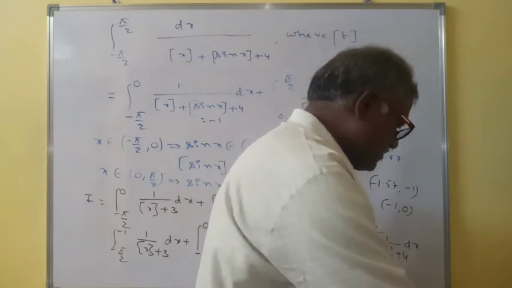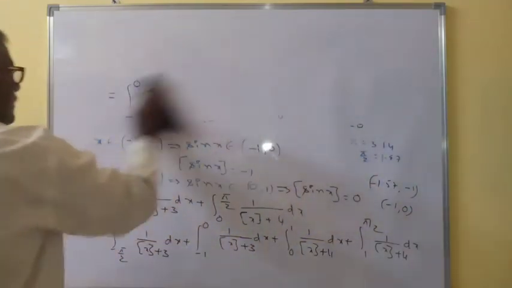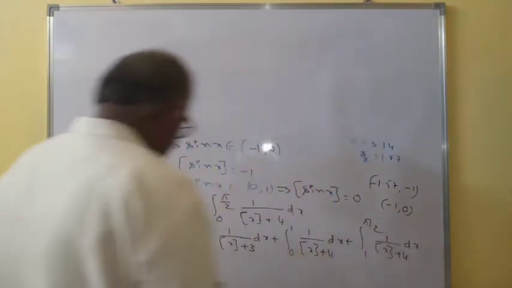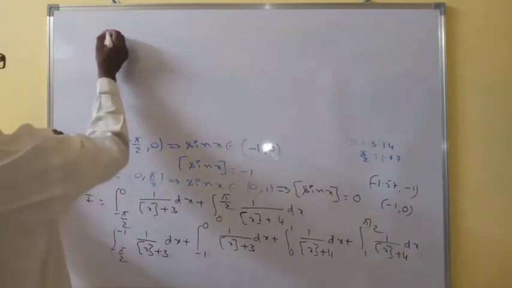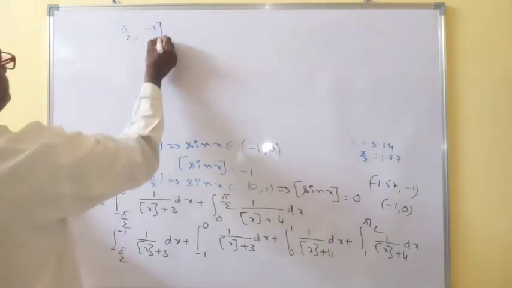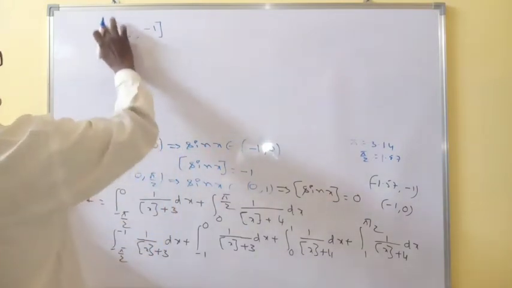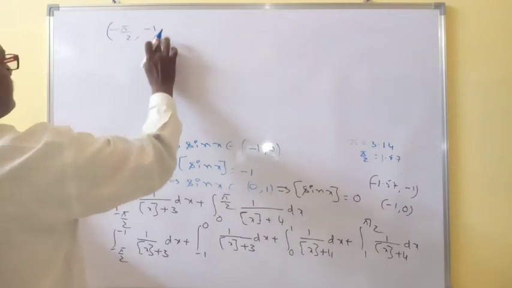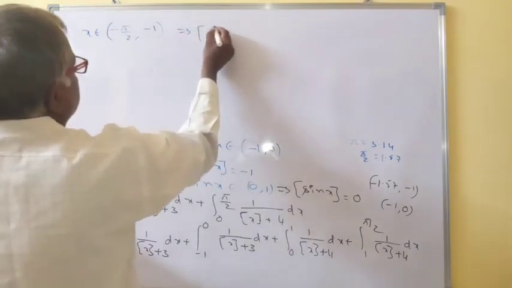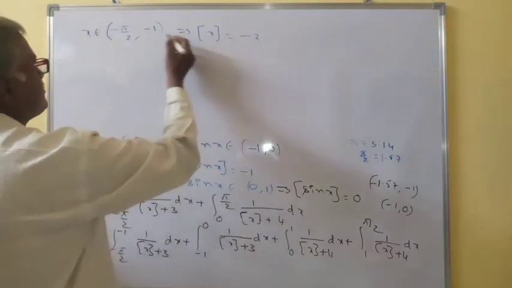because here [x] is there, that's why we have to split into two subintervals. Okay, next. Here you see in this interval minus pi by 2 to minus 1, x belongs to this, so in this interval the value of [x] is equal to minus 2.